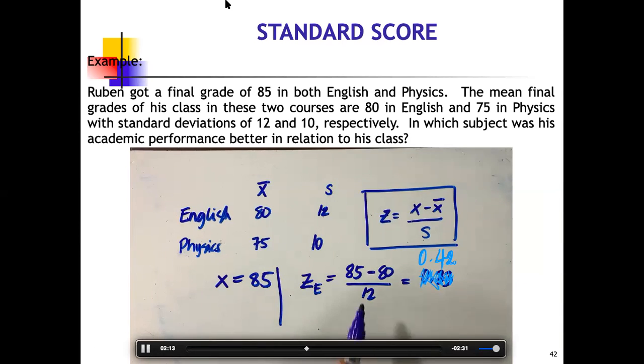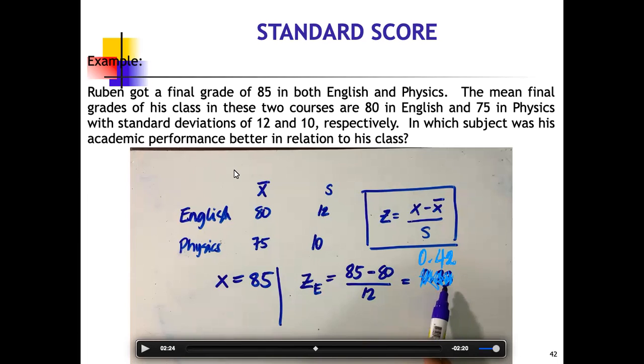So that means his 85 grade in English is 0.33 standard deviations above the mean. I want again to make that correction.